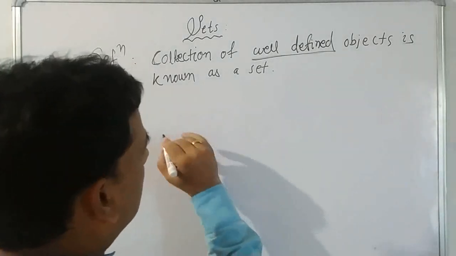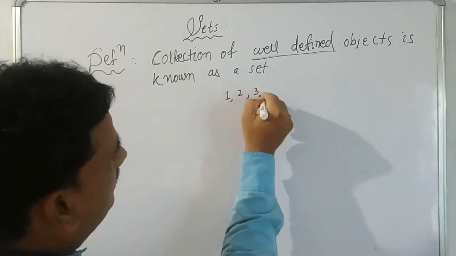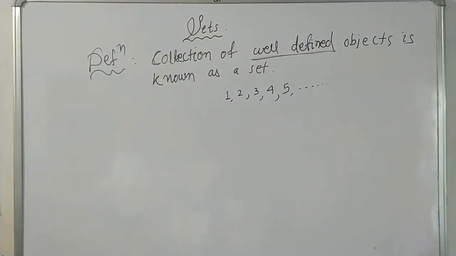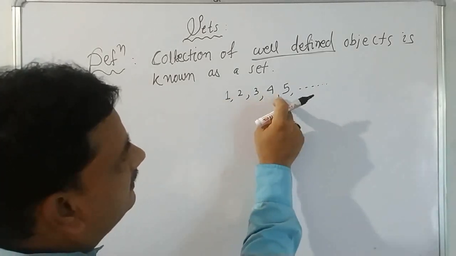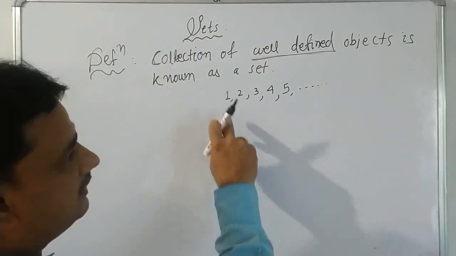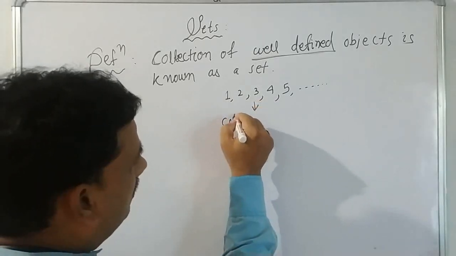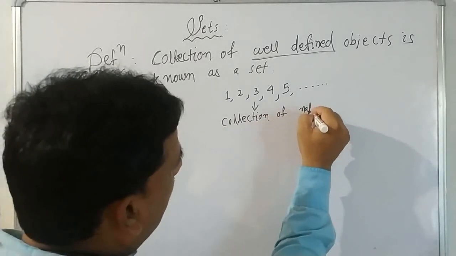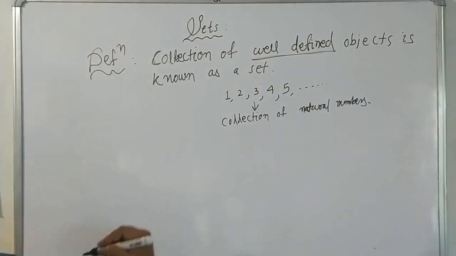Suppose I am writing some numbers: 1, 2, 3, 4, 5, and so on. Here, what are these numbers? Each number is a natural number. I can say it is a collection of natural numbers.